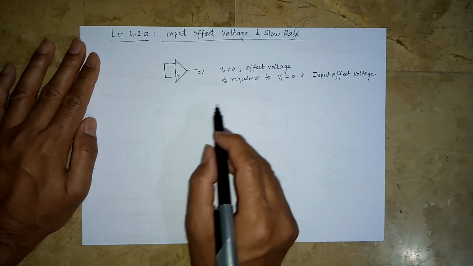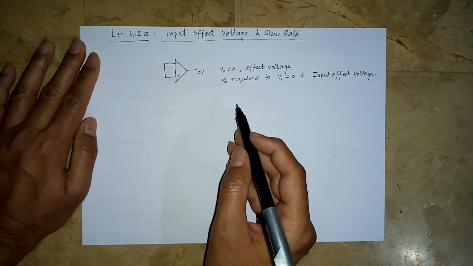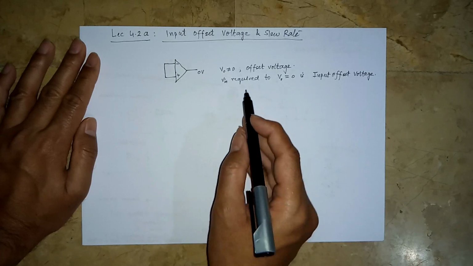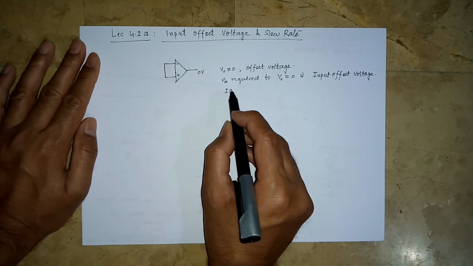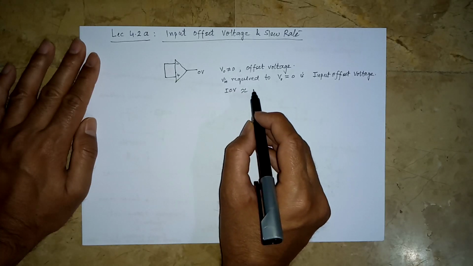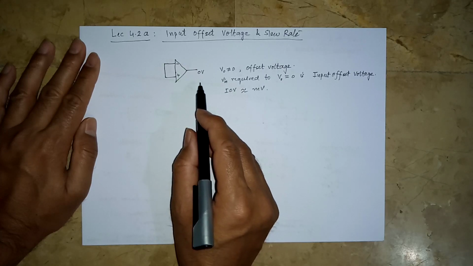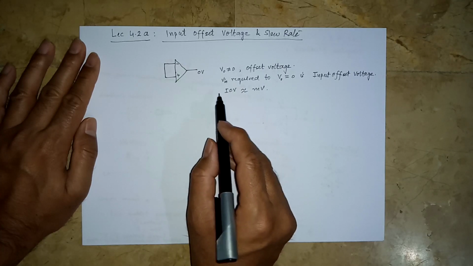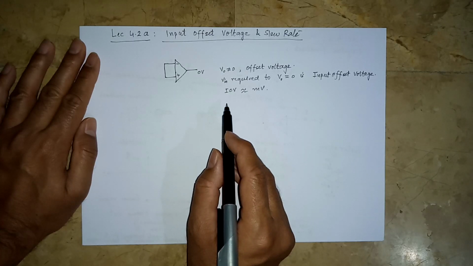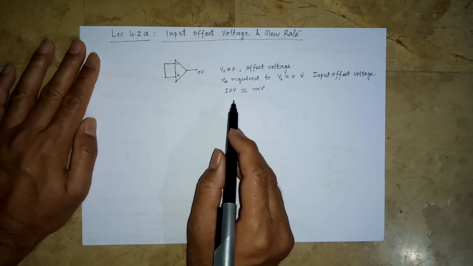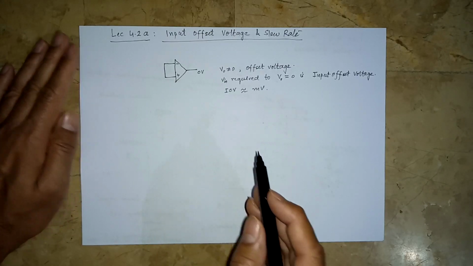And you can see in the typical op-amp table in the book, for example, that this input offset voltage is usually of the order of millivolts. A very small voltage at the input is required to offset the output and get a zero there. So it is not related to our solution of op-amp circuits, but you should just know what it is.